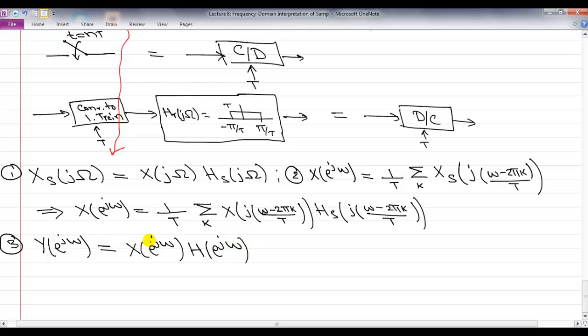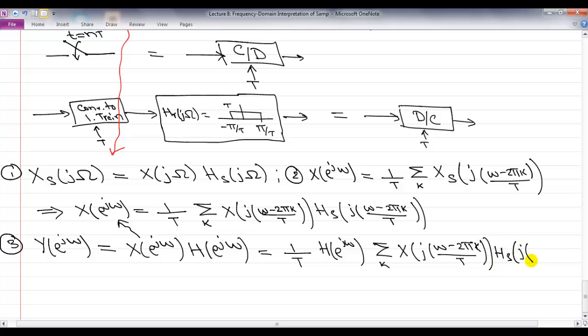Once again, now I just input the value of x of e to the j omega. I get 1 over t h of e to the j omega summation of k x of j omega minus 2 pi k over t hs of j omega minus 2 pi k over t.